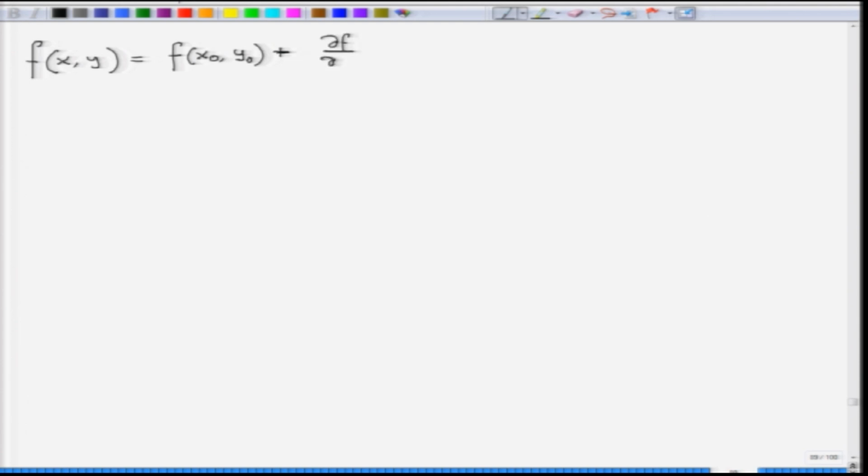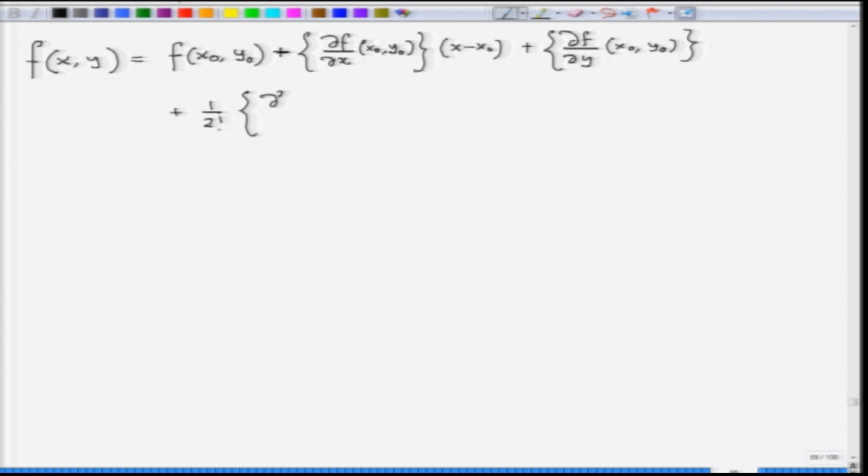So, del f del x evaluated at x naught, y naught, times x minus x naught, plus del f del y evaluated at x naught, y naught, this is the first part done, plus 1 by 2 factorial, del 2 f del x 2 evaluated at the same point x naught, y naught.